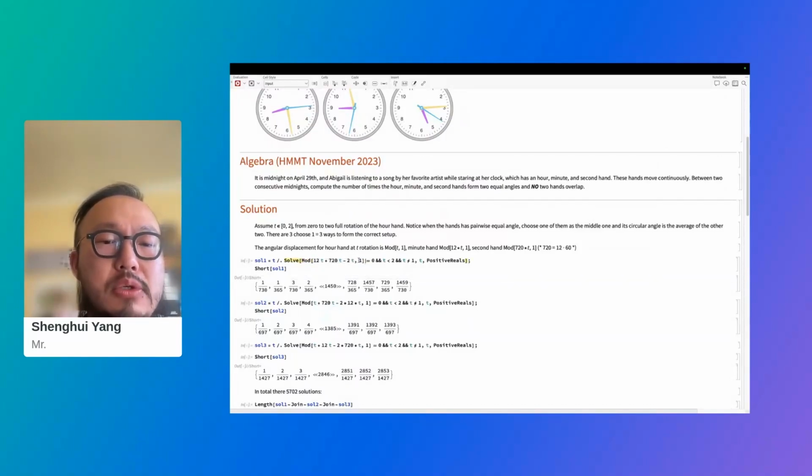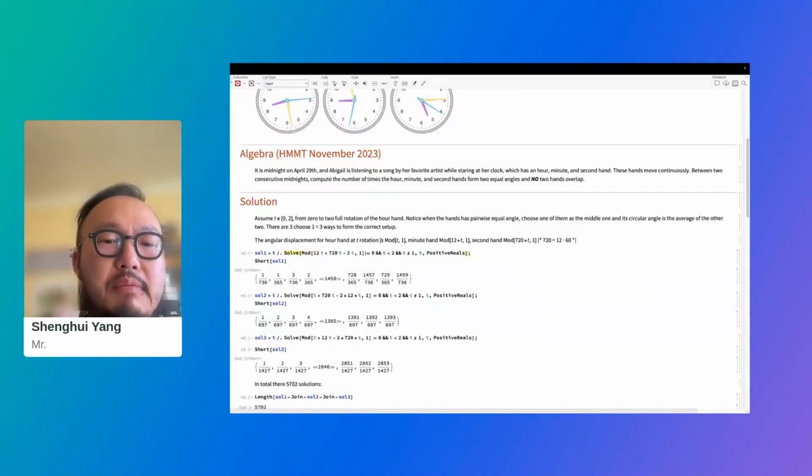So this is basically the solution. This also uses the algebraic property of mod: (a mod m) plus (b mod m) equals (a plus b) mod m. So you can just thread everything into the same mod function, and it'll basically solve for you. So in this case, the hour hand is in the middle, right?